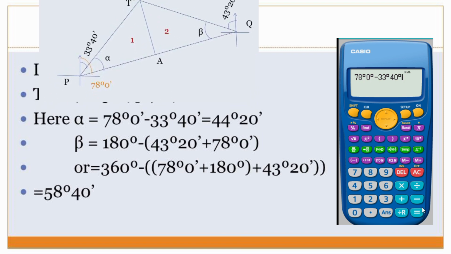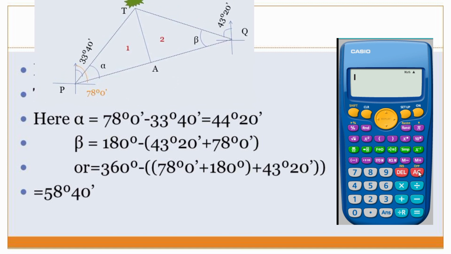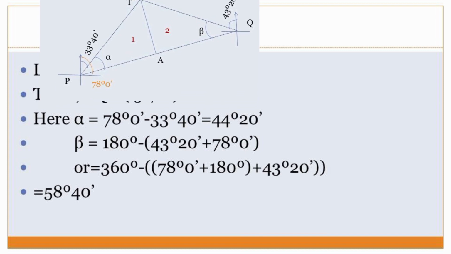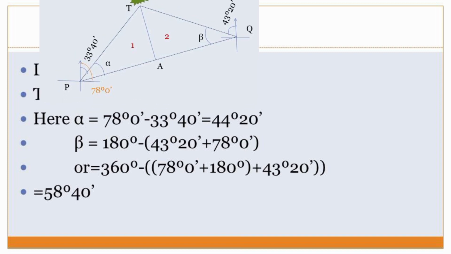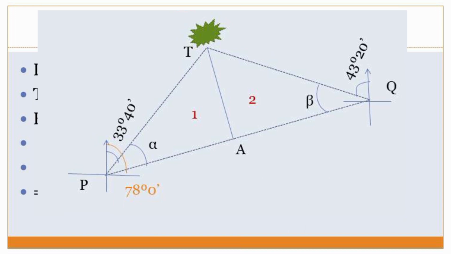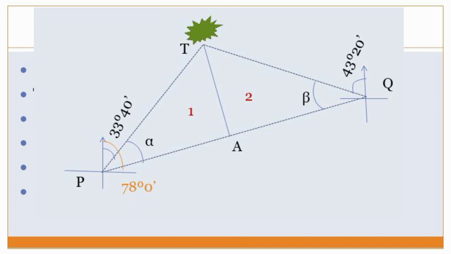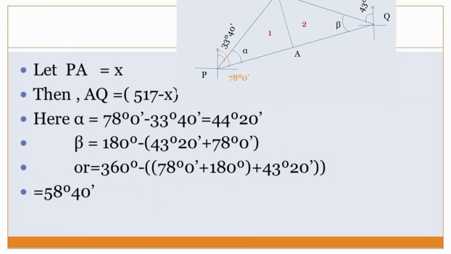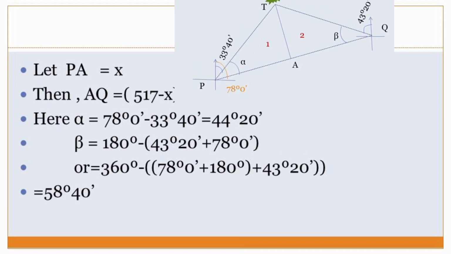And for my beta angle, I've used a concept that was mostly in high school. You learned that alternate angles are equal. Or you can draw a Z: the internal opposite angles in that Z are equal, that is alternate angles of two parallel lines.